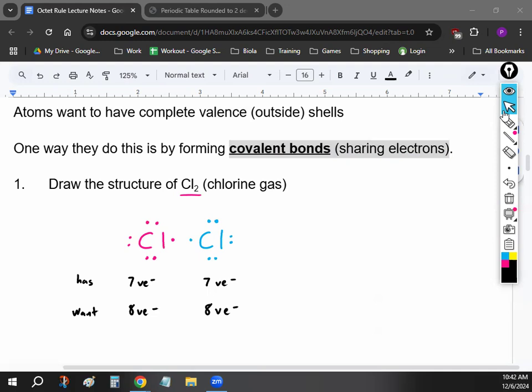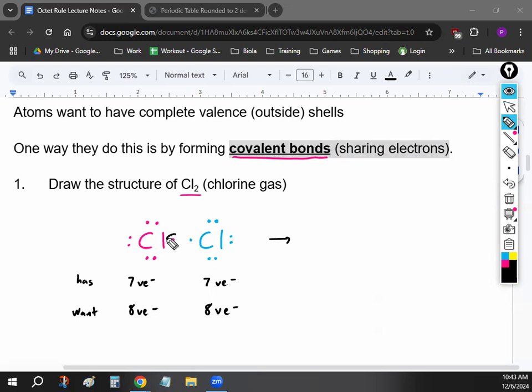So what's going to happen is they're going to form something called a covalent bond, and they do that by sharing their electrons with one another. You can keep your picture the way it is, but I want to help you visualize a little bit. These 2 chlorines are going to get super close to one another. You see these 2 electrons?